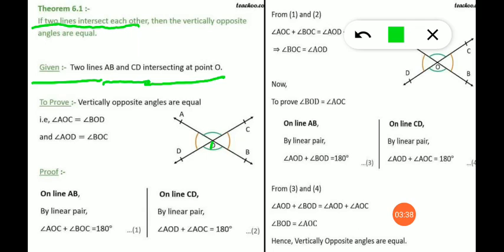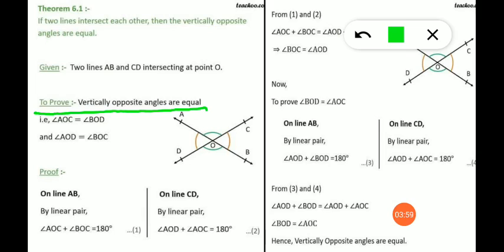Now the second step is to write to prove. What do we have to prove? The second part of the theorem is the proof part. It says vertically opposite angles are equal. Hence, in the to prove section, we will write vertically opposite angles are equal.